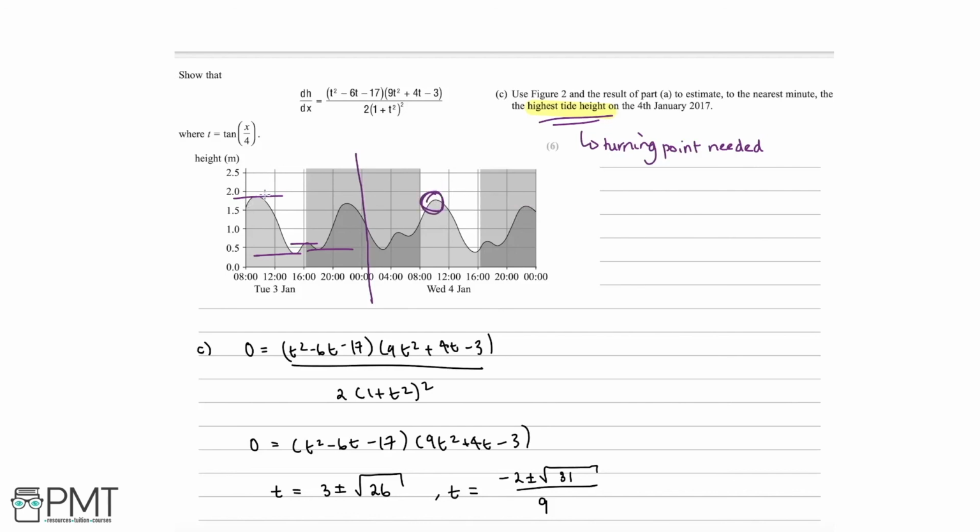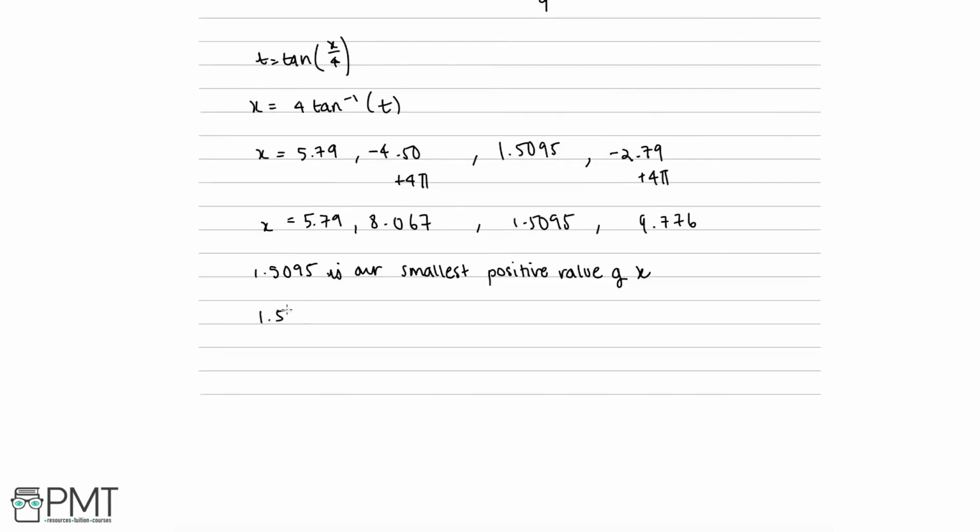So if this can be mapped onto x is equal to 1.509, then we need to add 4 pi, and we need to add another 4 pi in order to get our value over here, giving you 1.5095 plus 8 pi for the third peak, and that is equal to 26.642, which is the required time.